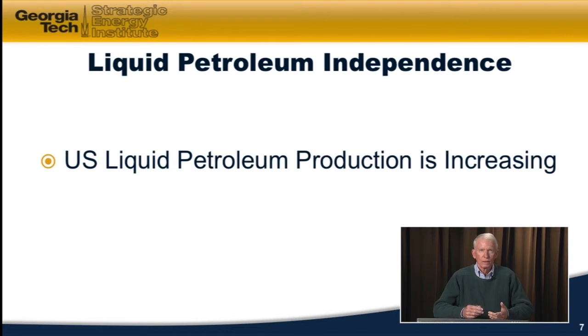So those are what we call liquid petroleum. And when people say petroleum, that's generally what they mean. Sometimes they use petroleum and oil interchangeably, and that's really very confusing when that's done. So let's look at how we're doing regarding liquid petroleum independence.